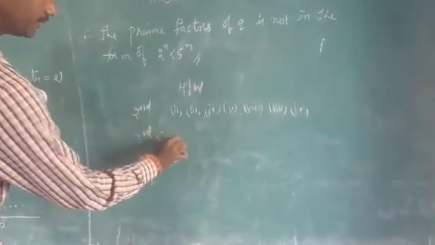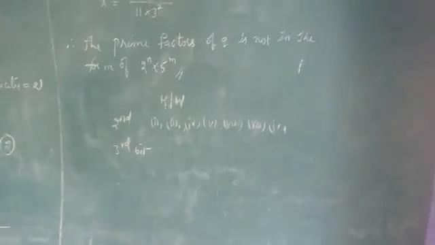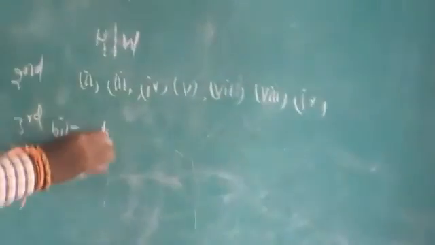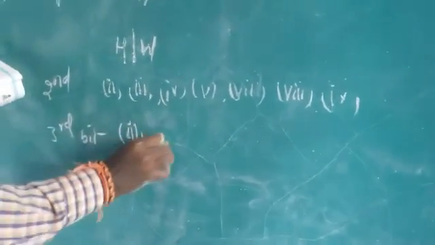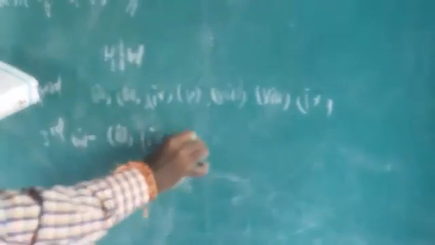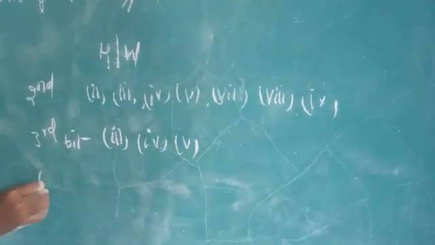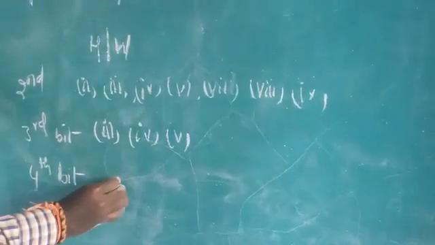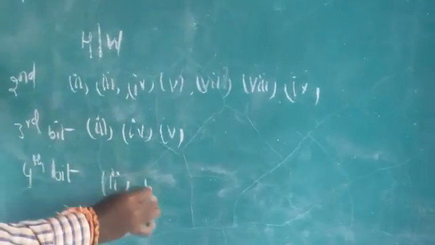In the third bit, I explained first, second, third, fourth, fifth. Fourth bit, second one, fourth one. So these are the homework.